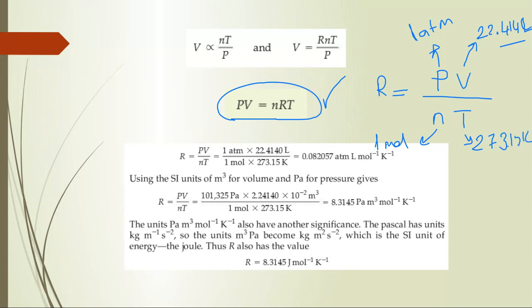If we calculate these values, we find R is 0.08205, in units of atm liters divided by mole Kelvin. Don't forget that. We have lots of R units.